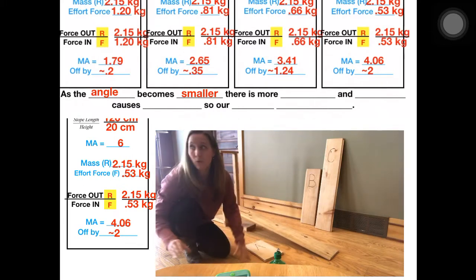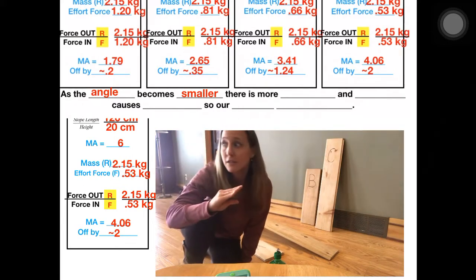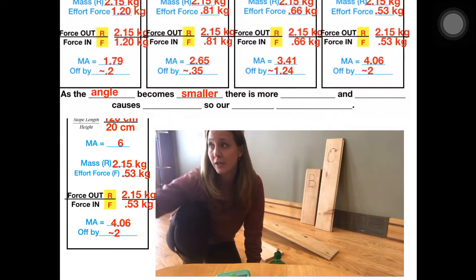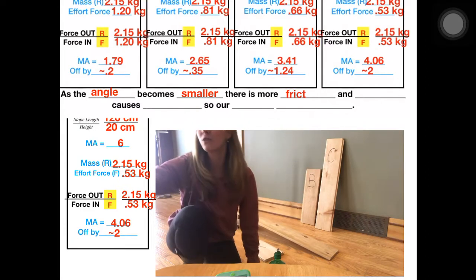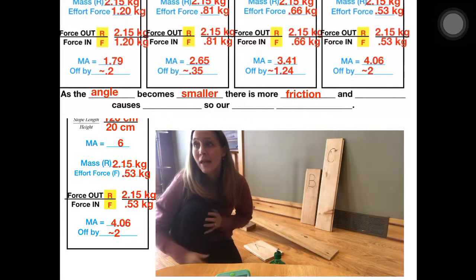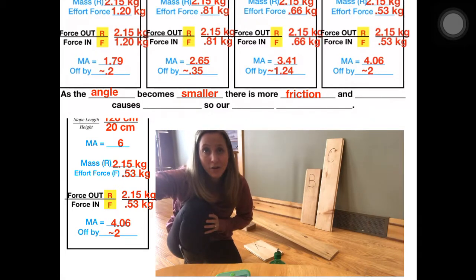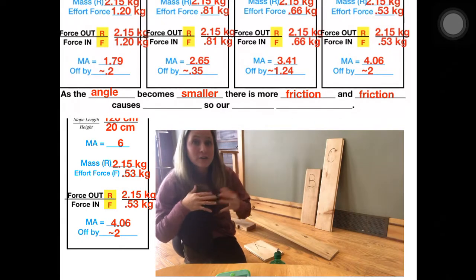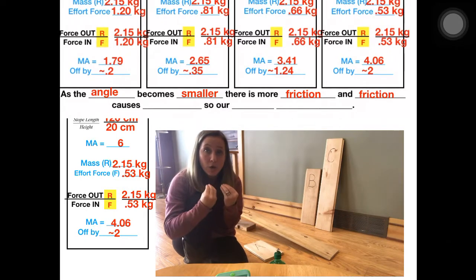As the angle becomes smaller and smaller, then the friction becomes greater. There's more friction and more friction, okay? And friction causes error, okay? The reason why friction causes error is because it's holding it there.